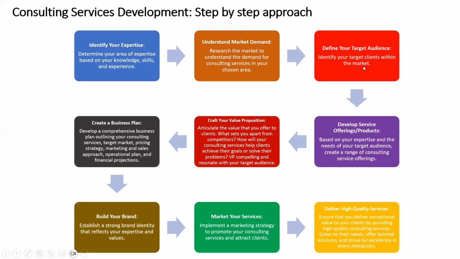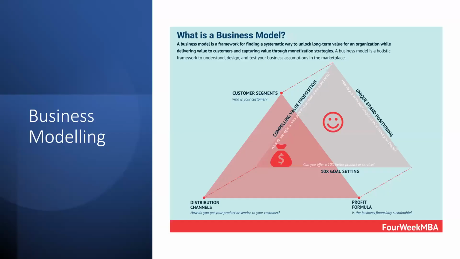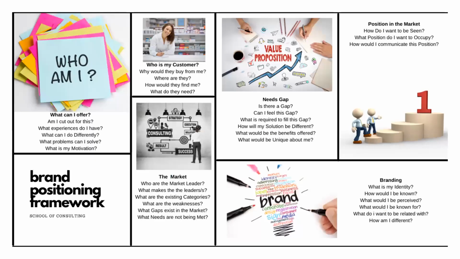So number 1, 2, 3, 4, 5, 6, you can use your business canvas model to go through these 6 steps. When it comes to step 7, in building your brand, this is a good framework. Again, leveraging a lot on how we use the business canvas model.